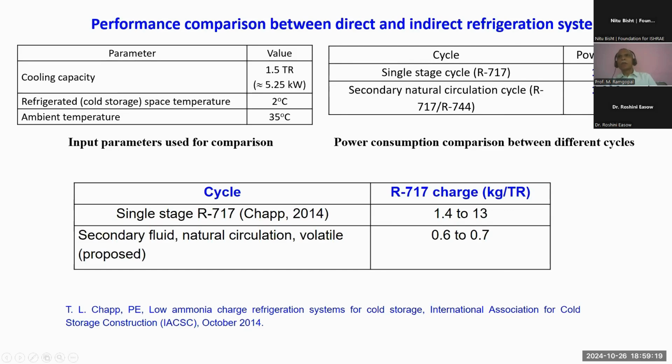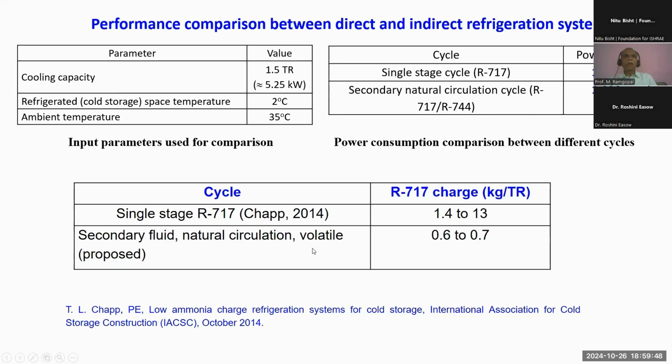And from our calculations, we found that if you are trying to maintain the cold storage space at 2 degrees centigrade and the ambient at 35 degrees, your power consumption with ammonia is about 1.71 kilowatt. But if I'm using the natural circulation loop along with the ammonia system, the power consumption increases to about 1.83 kilowatt. So that means there is about a 0.12 kilowatt increase in the power consumption because of the introduction of the secondary loop.